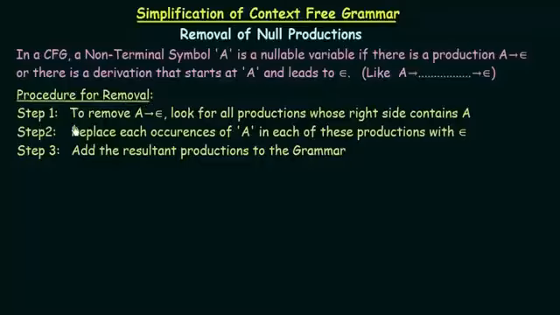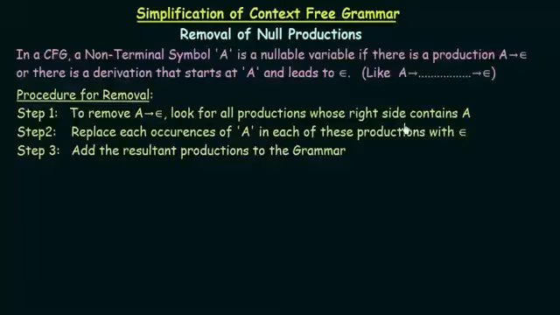In step 1, it says to remove A gives epsilon, look for all productions whose right side contains A. So if we have a production which says A gives epsilon, and we want to remove it, we have to look for all the productions in which the right side contains A. In step 2, replace each occurrence of A in each of these productions with epsilon.